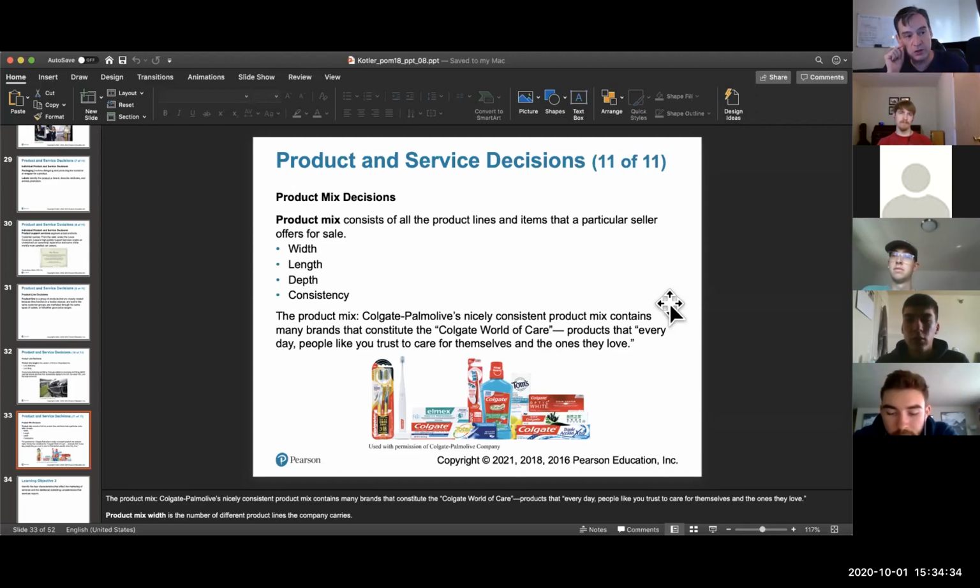Now, the product mix consistency. It refers to how closely related the various product lines are in end use, in production requirements, and distribution channels, and in some other ways. Which means you are producing cars, you are producing the SUV from Nissan.